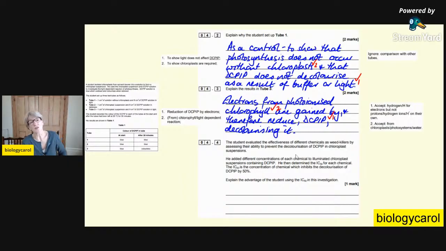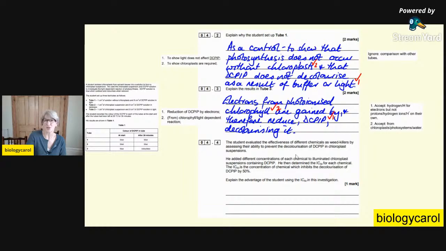Explain the advantage of the student using the IC50 in the investigation. I'm going to be honest, what's the great advantage of just doing it halfway? Because it says determined the IC50, it didn't say calculate. To be quite frank, I wasn't really sure. So I went along the lines of it would be easier to compare the weed killers.